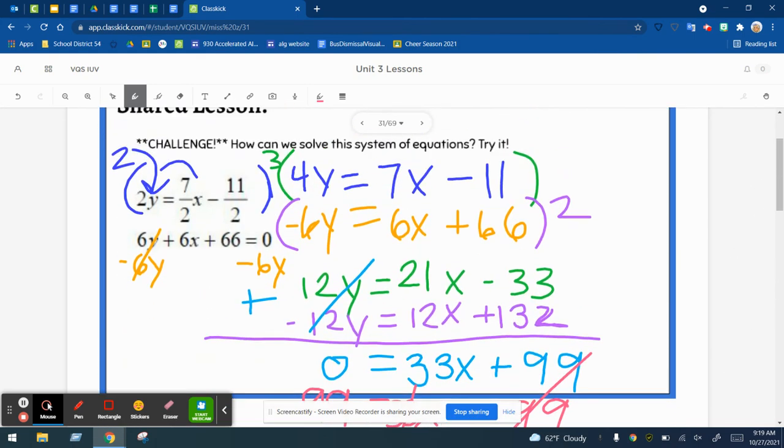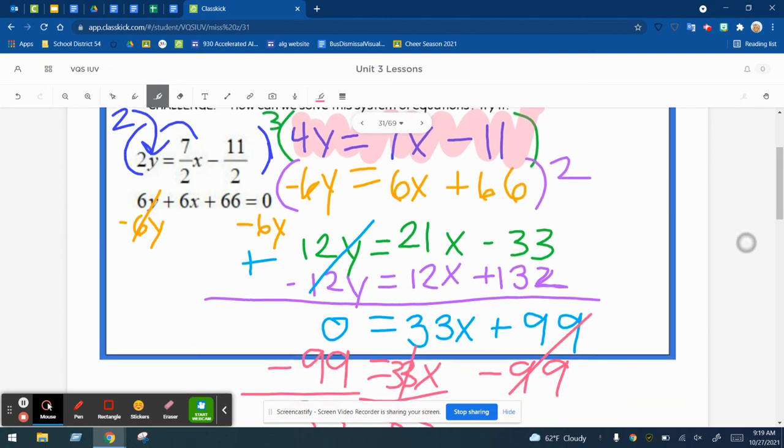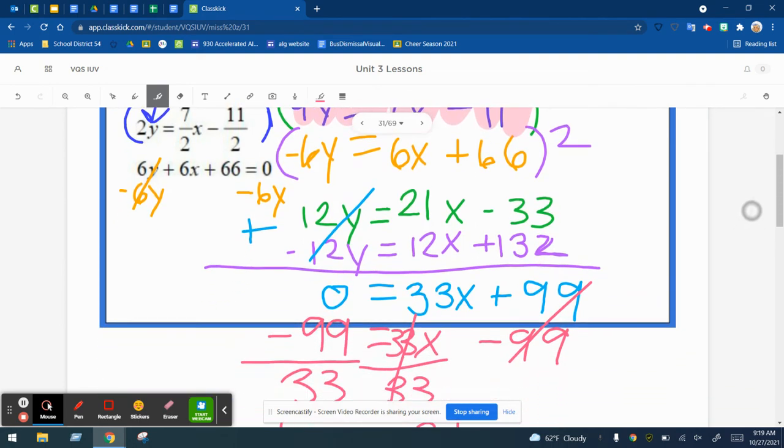Let's use this equation right here to put our x in. I just want to use it because it's got the smallest numbers in it. So 4y equals 7x minus 11.